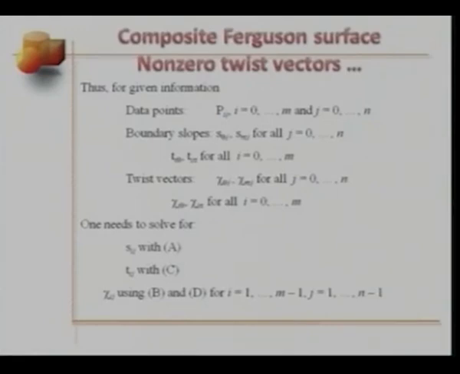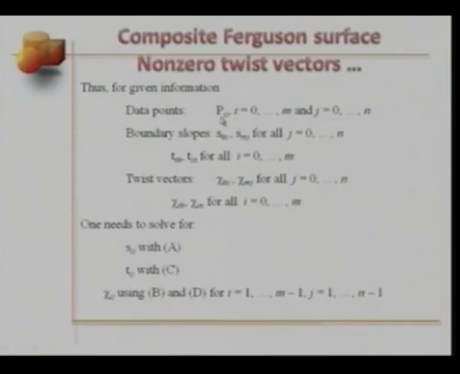So for a composite Ferguson's patch with non-zero twist vectors, we'll summarize again. We will need data points Pij. We will need boundary slopes S0j and Smj for all j's.